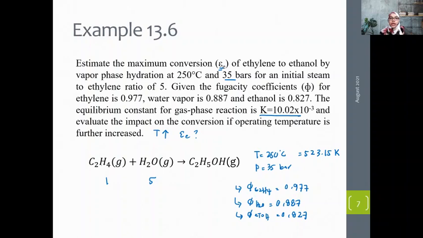If the question does not give the fugacity coefficient, you may calculate it using an equation of state, such as the virial or the Lee-Kesler. This is how you determine the fugacity coefficient for each species.